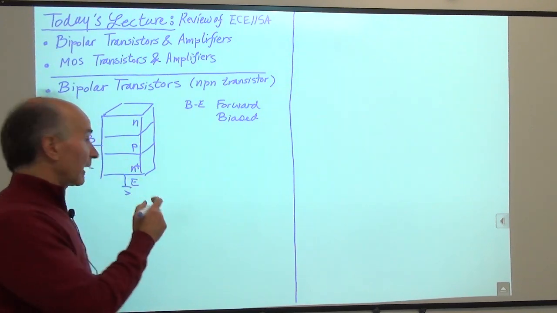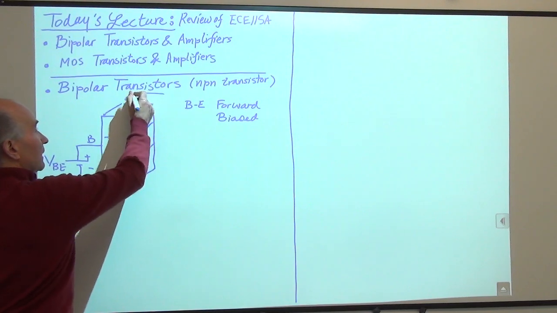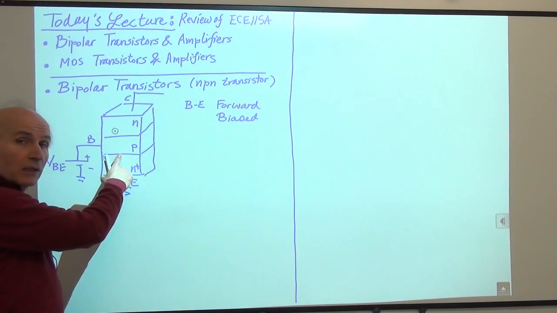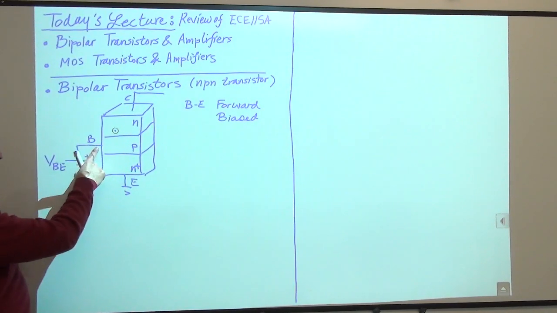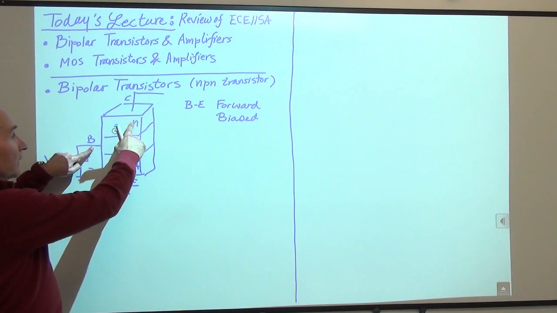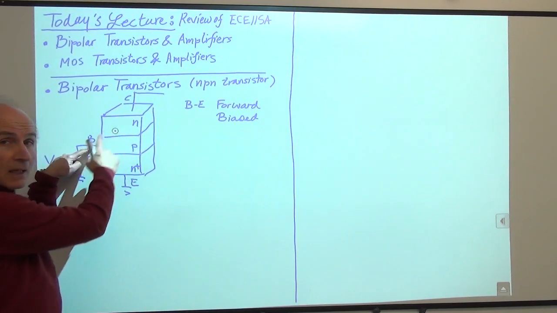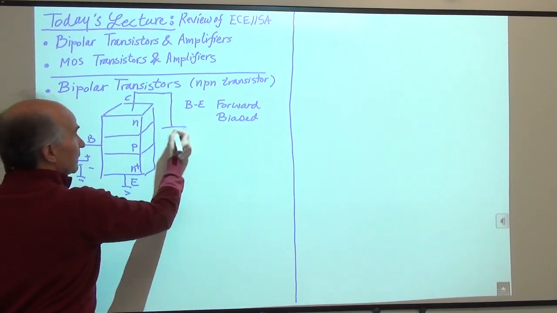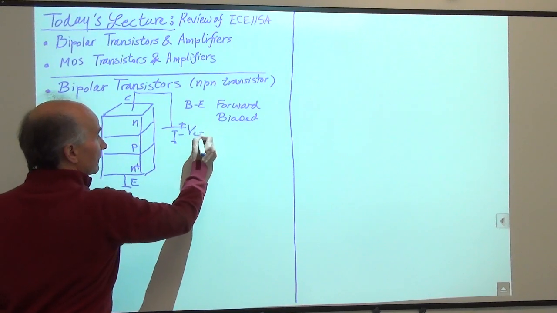Okay, now for the collector, meaning this terminal, we decided that we would like the collector base junction to be reverse biased. So because the base is sitting at some potential, for this junction to be reverse biased, the voltage at N has to be higher than the voltage at P. So we connect a voltage source here, and we call that VCE.